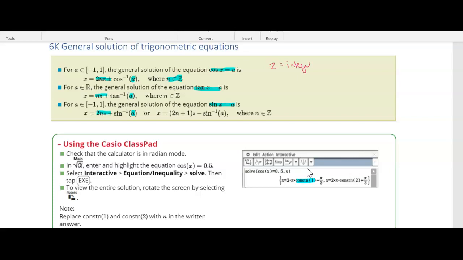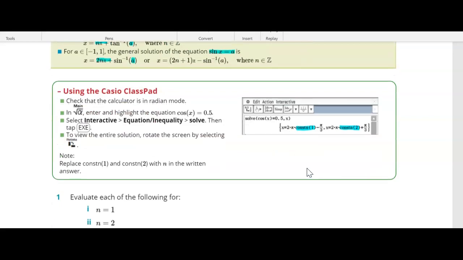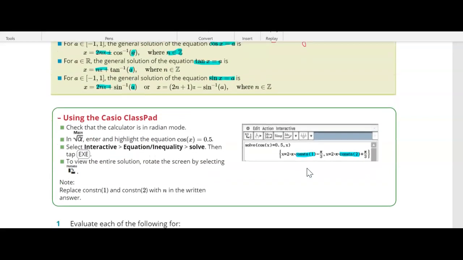Inverse cos of 0.5 is pi on 3. So you can see the plus and the minus, pi on 3. And then we've got the 2 pi. And for this part here, where const is just constant, we're just substituting in different values of 1. But it's easy to do on your calculator. You're just doing solve and then you come up with this solution.